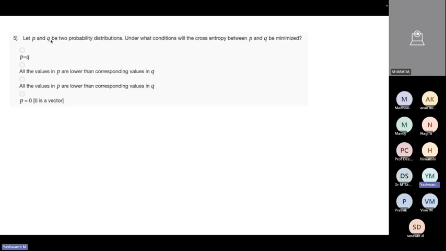Now the question is: you are given two probability vectors P and Q. Under what conditions will the cross entropy loss be minimized? You know that cross entropy loss is always positive. What is the lowest value that one can get?